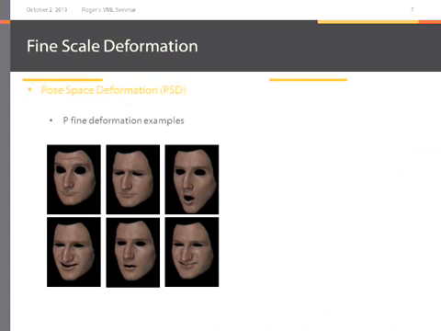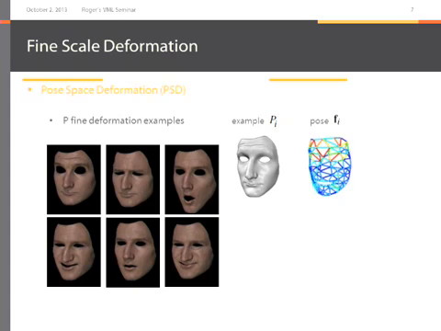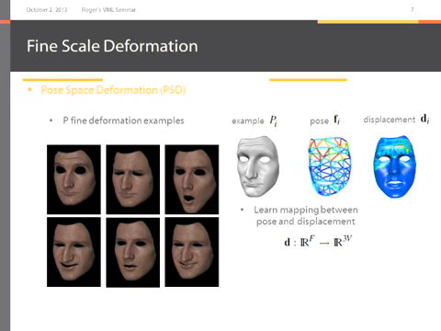So now the question is, now that we define a pose, we can somehow parameterize the pose into a pose space. Then how can we transfer these details into that pose? So we have an example, we have a pose, and then we have a displacement from the rest pose. So the question is, how can we learn a mapping between the pose and the displacement?